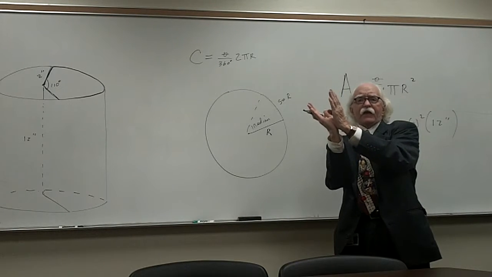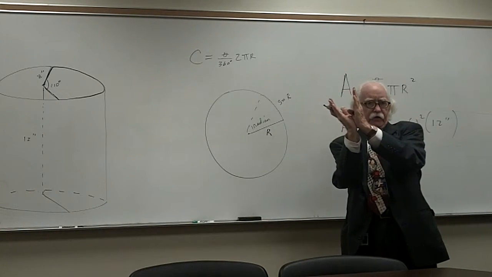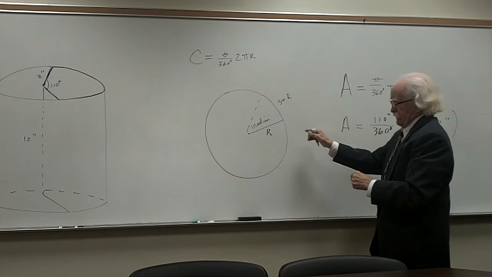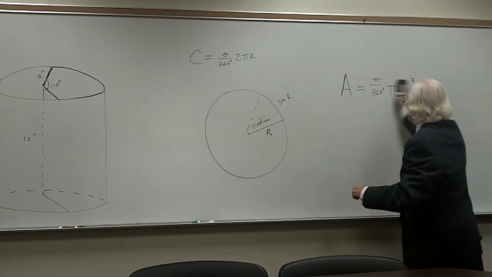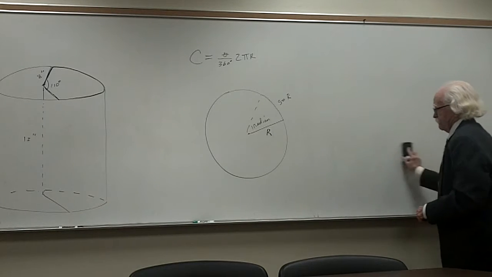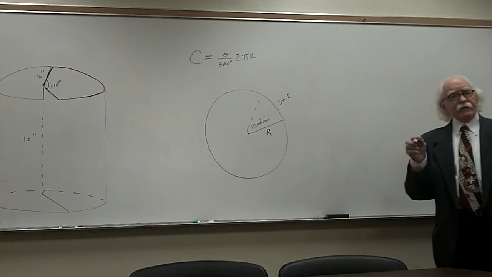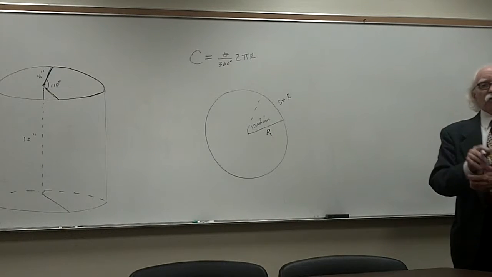I can't emphasize the importance of this. Because take a look at this now. My question next is going to be this. How many radians are there in a circle?